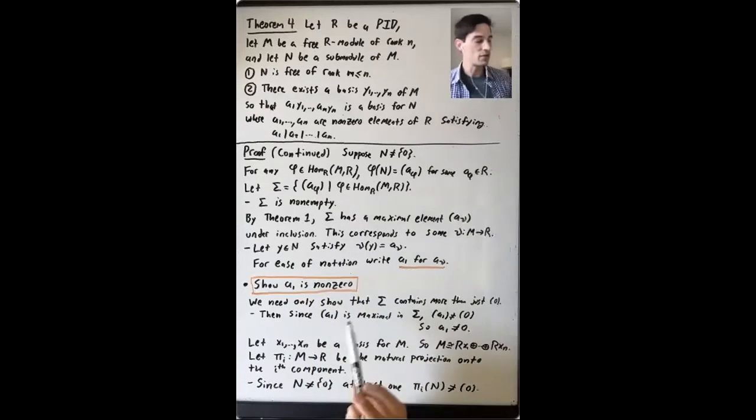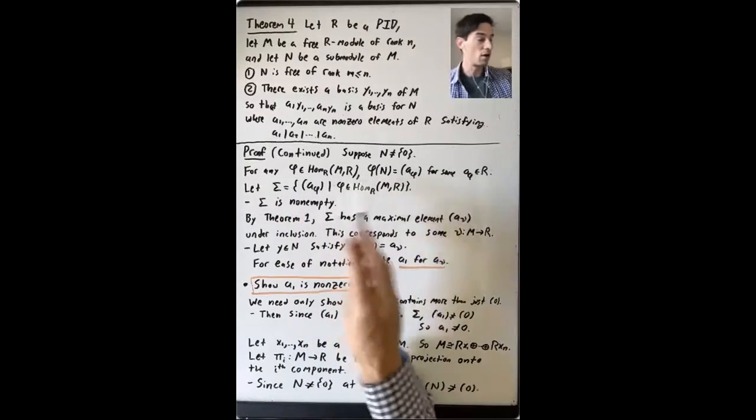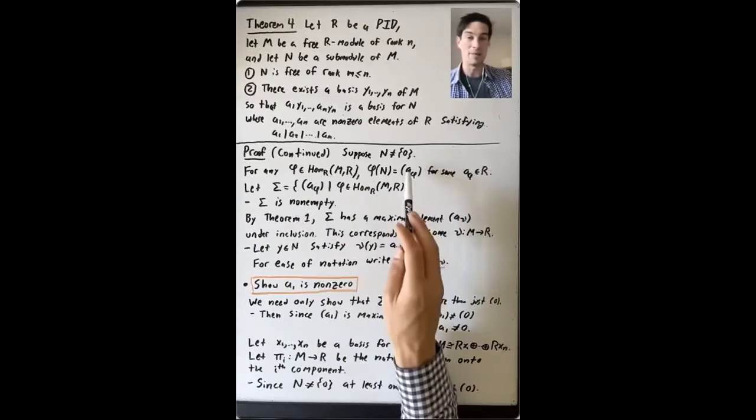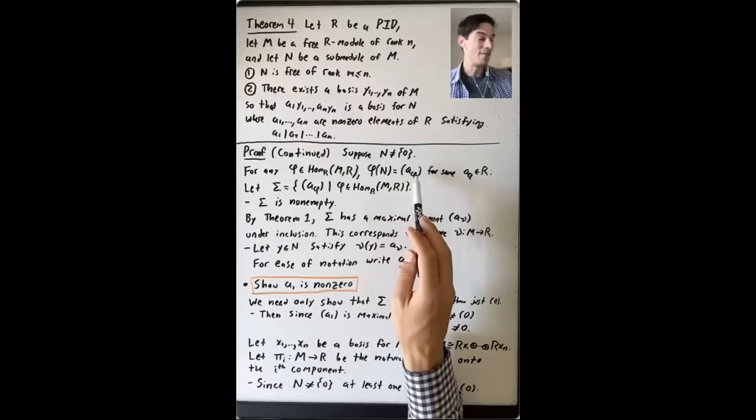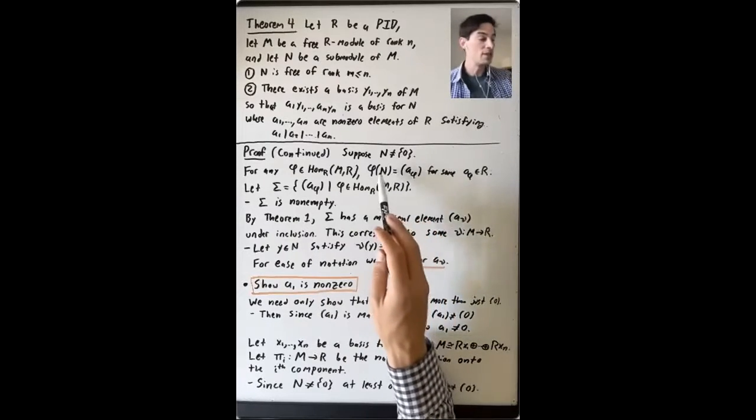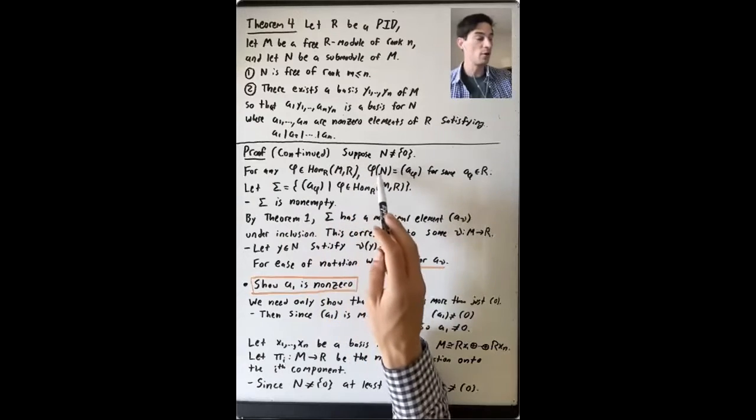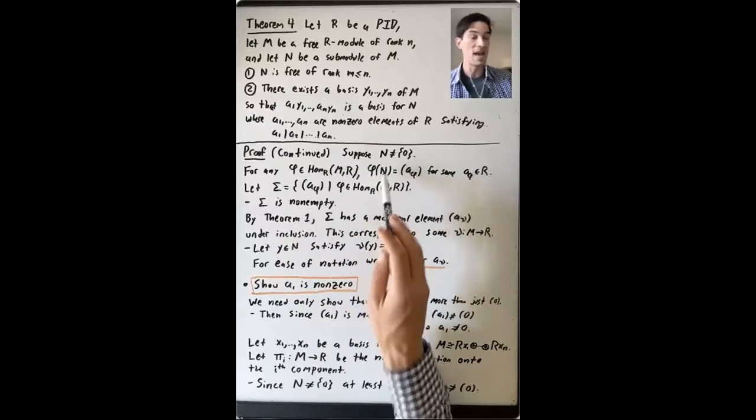So we just need to show that sigma has some ideal in it that is not the zero ideal. And we'll do that by actually writing down a homomorphism so that the corresponding ideal generated by a_phi is not zero. We just need to find some R module homomorphism so that the image phi of N is not zero.